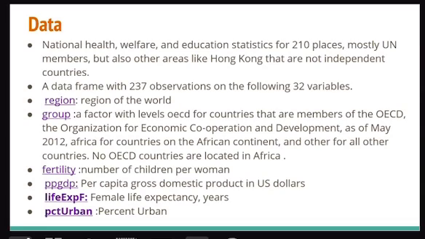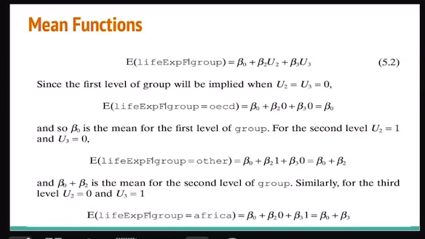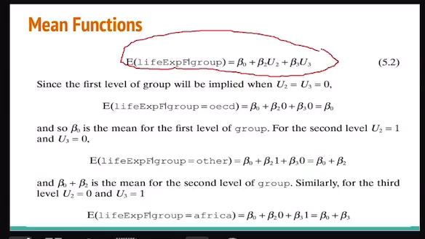What if I decide I want to investigate what are the factors that determine female life expectancy? Okay, women are doing a lot of great job, including my mom and my wife, including all women in the world. They're doing great job. Now let's say for instance, I actually want to look into the effect of region, the effect of group on life expectancy.